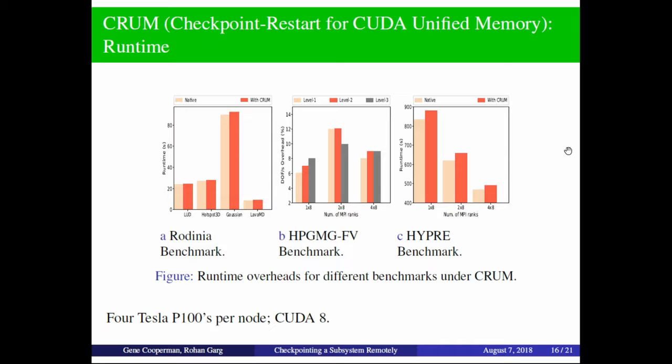So HPGMG, all the benchmarks use these unusual units, let's see, DOFs. Basically, it's kind of a speedometer, how many miles per hour you're getting. And so the idea here is that what we're seeing is percent overhead compared to native performance.